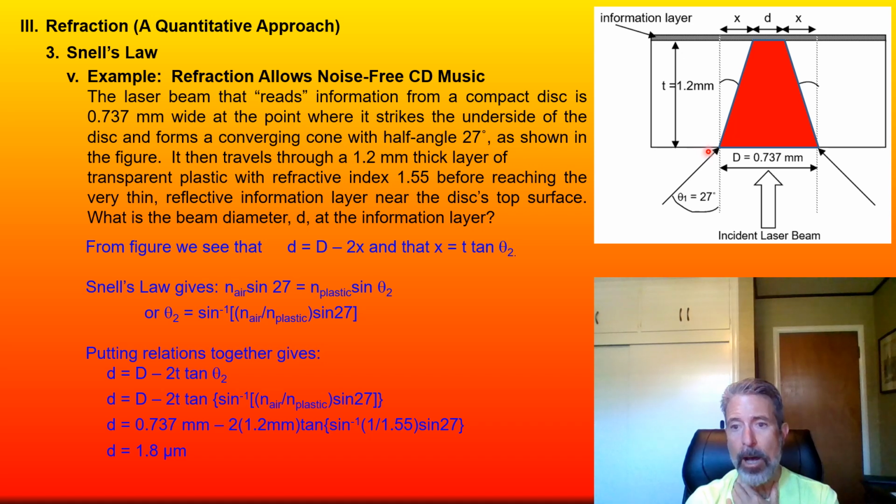But by allowing a much thicker beam here, at this side of the plastic, which is on the order of 0.737 millimeters, about a millimeter, you can see here that if there's a micrometer piece of dust on this portion of the CD, it is going to be relatively insignificant.